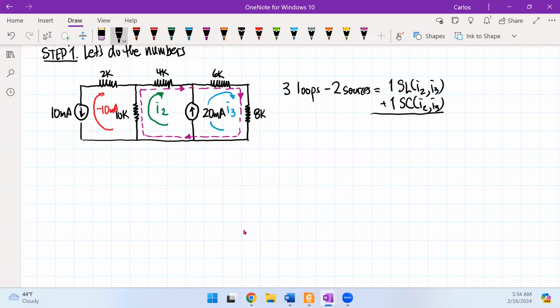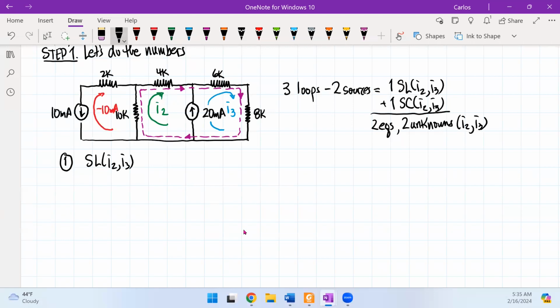So when I add these up, I have 2 equations and 2 unknowns, where my unknowns are I2 and I3. Then I apply those two. The first equation is the super loop, between I2 and I3.